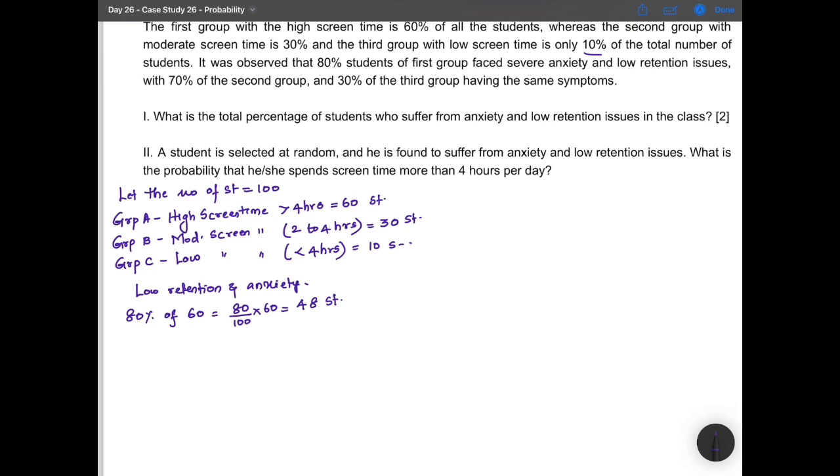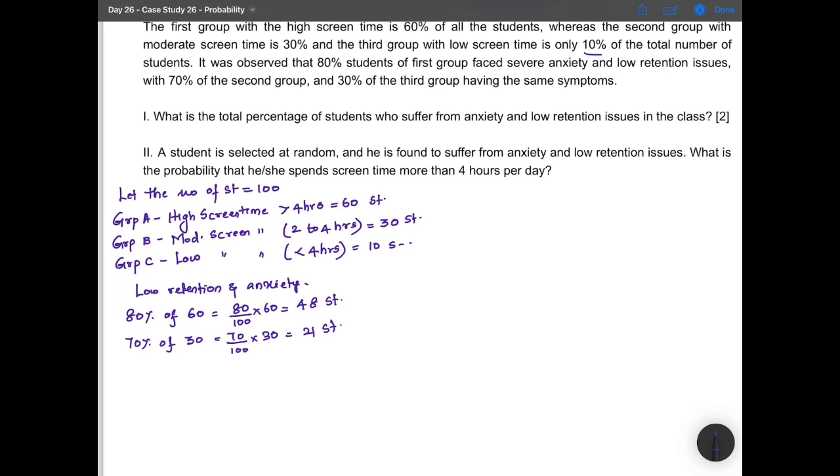Then 70% of the second group, 70% of 30, which is 21 students. This means in group B category, we have 30 students.